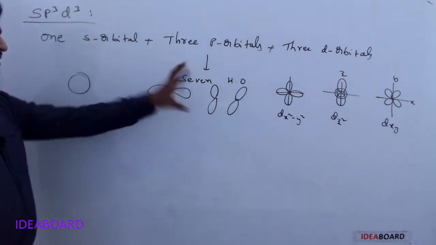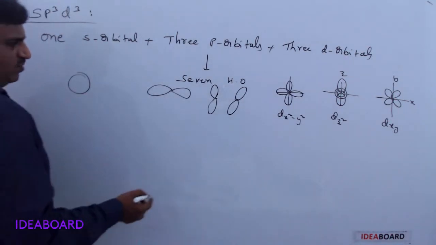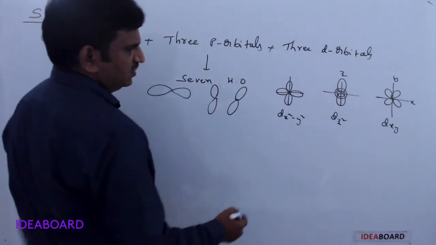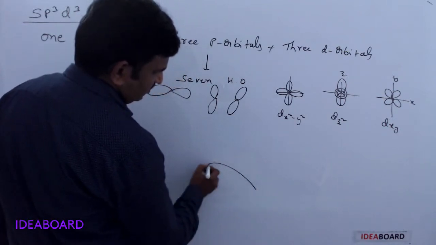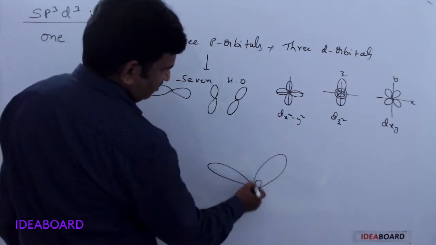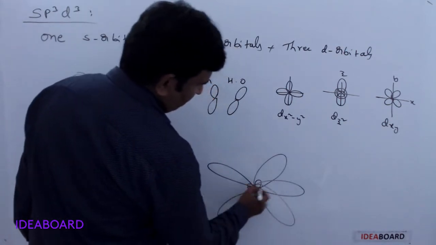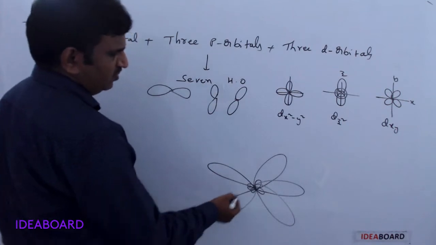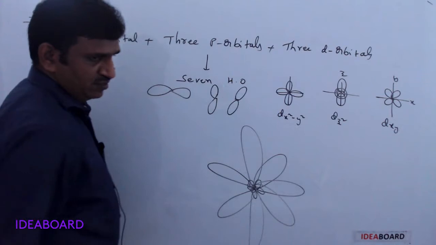The 7 hybrid orbitals are arranged in a pentagonal bipyramidal shape. Here, of the 7, 5 orbitals are present in one plane. So please see here, I am drawing 5 orbitals. This is the first hybrid orbital, second, third, fourth, and fifth hybrid orbital. All these 5 are present in the same plane, and one is above the plane and one is below the plane.